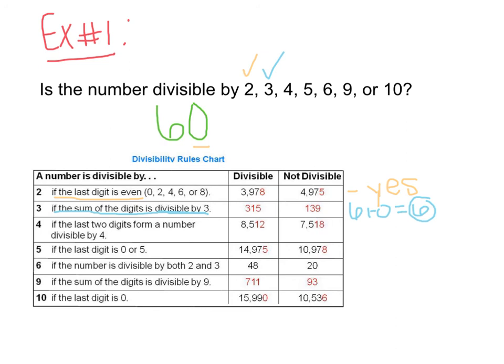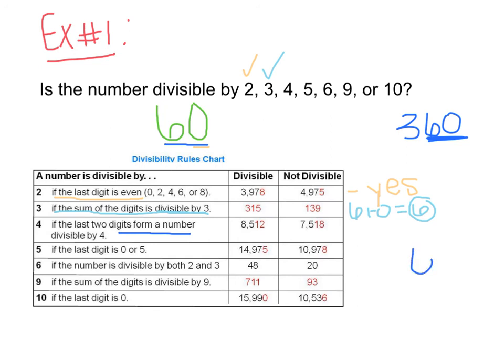Our next one is 4. The rule for 4 is if the last 2 digits form a number divisible by 4. We only have 2 digits in this number. If we had a 3-digit number like 360, we would only use the last 2 digits. But since we only have 2 digits, we just use those. So basically, can 60 be evenly divided by 4?